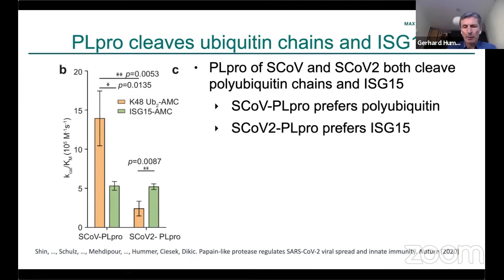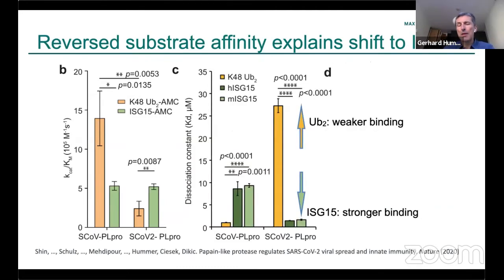So what our collaborators then could show is that the driver for this transition from cleaving ubiquitin to cleaving ISG15 was a change in the affinity, the binding affinity. In an equilibrium binding experiment measuring the KD, the dissociation constant, they found that the KD had inverted.